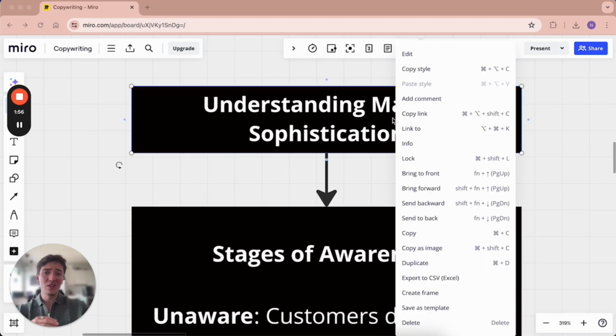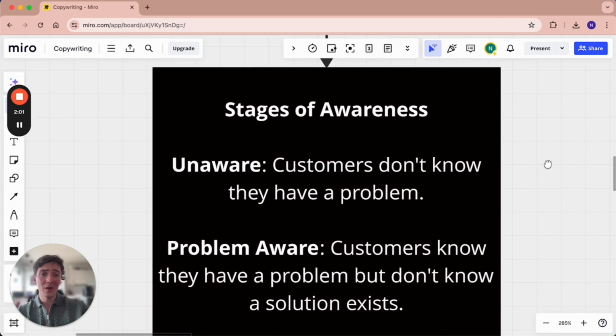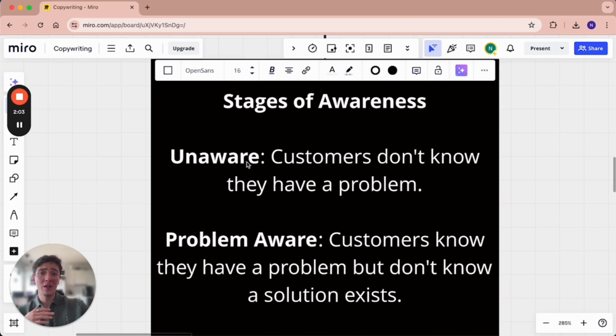And this kind of transitions into the stages of awareness, which consist of five stages. The first one is unaware, meaning customers don't know they have a problem. And this basically translates into, I'll come up with an example here. Mr. Johnson, he's a very, very casual dude. He's been wearing jeans and white t-shirts every day for the past 20 years and he loves it.